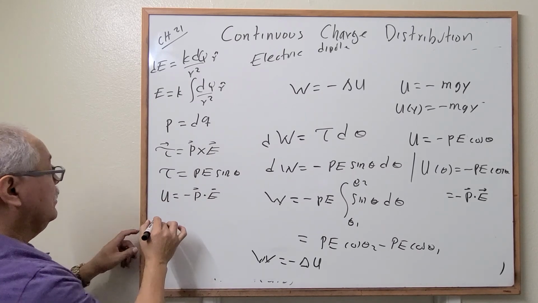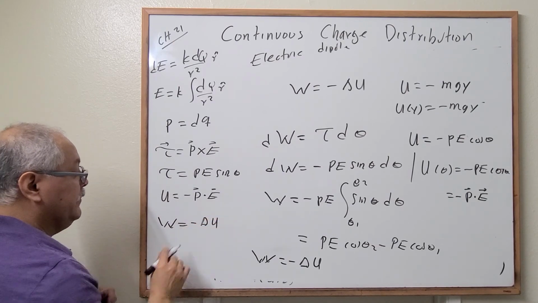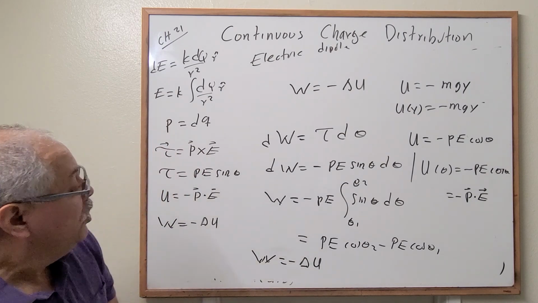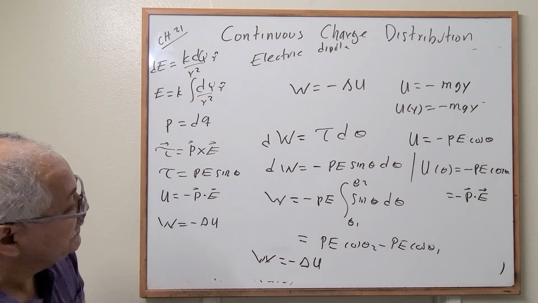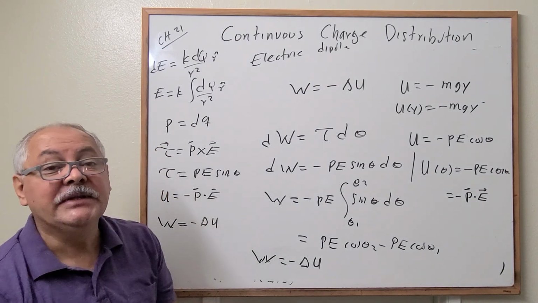And of course, work is equal to negative the change in this potential energy. Okay, perfect. And with this, we finish chapter 21, and I'll see you in the next chapter.